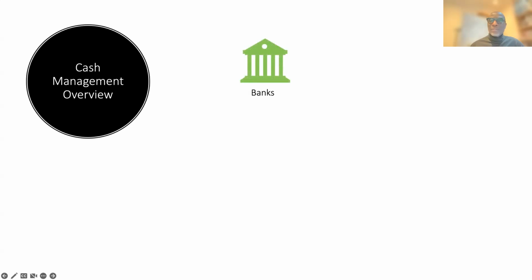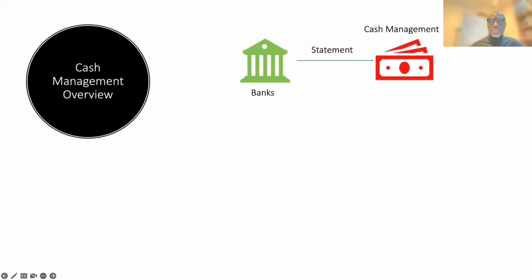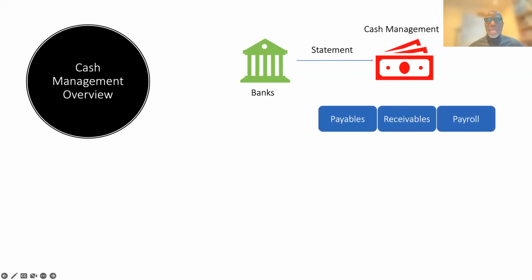So you've got banks, you've got your bank setups, which is shared also with the other modules, receivables, payables, and also payroll. So the bank is shared with all of this, and then the transactions are synchronized between the cash management module for statements reconciliation, and also all these different modules as well.